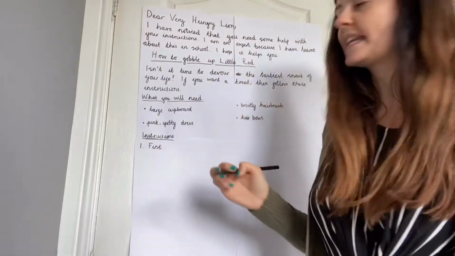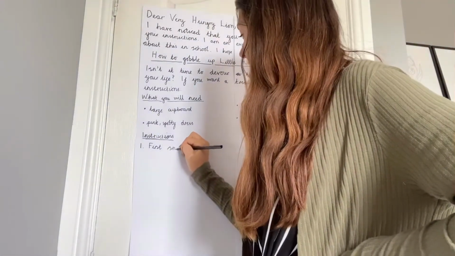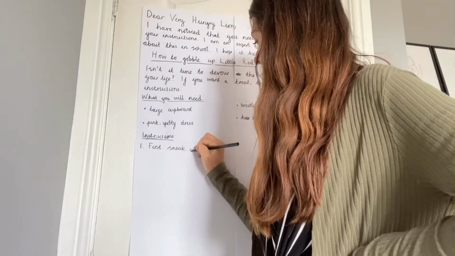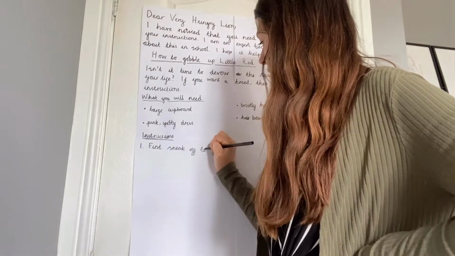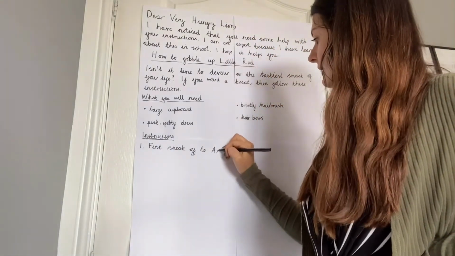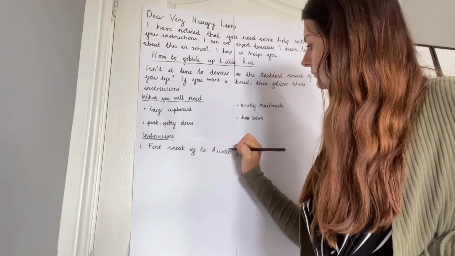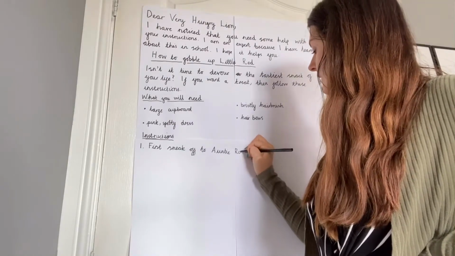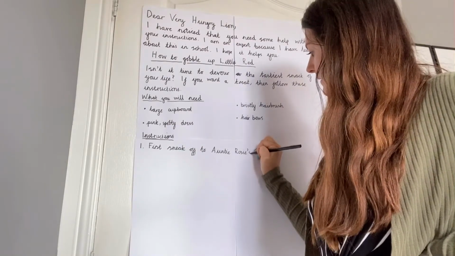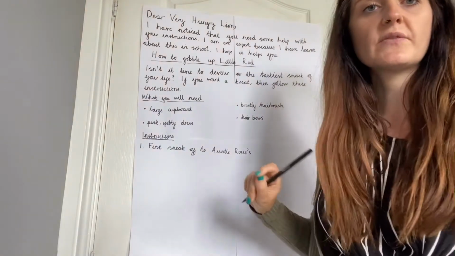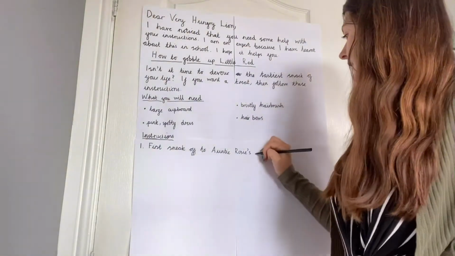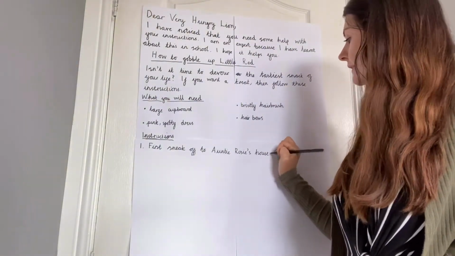First, sneak off to Auntie Rosie's. I'm using my possessive apostrophe for Auntie Rosie's because it's her house and it belongs to her.